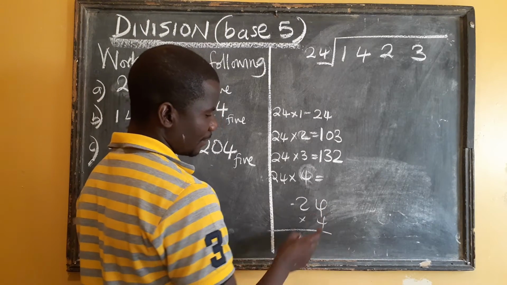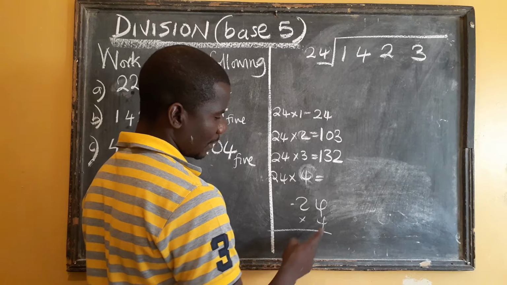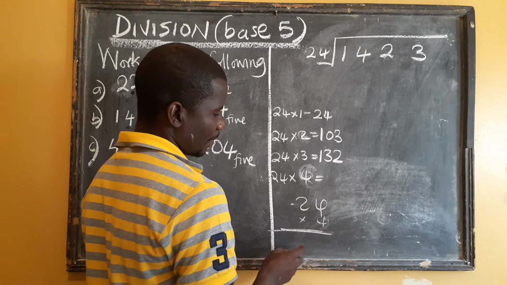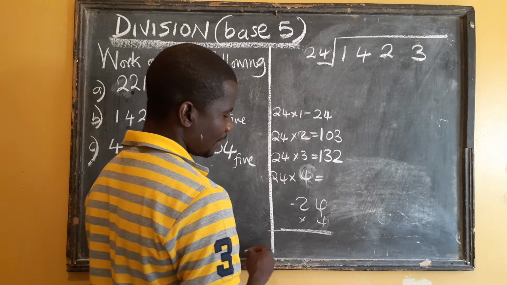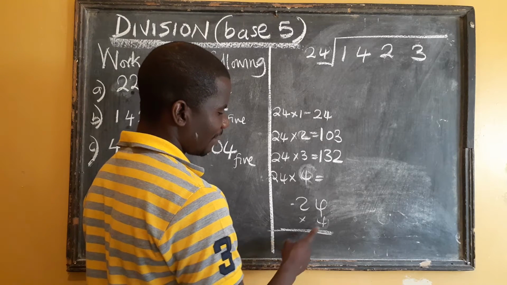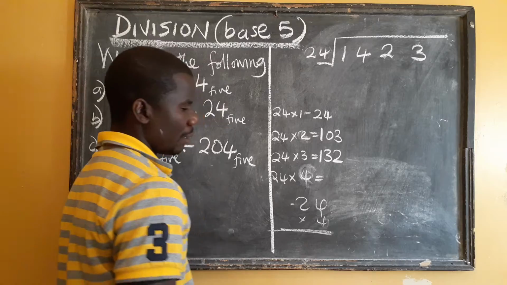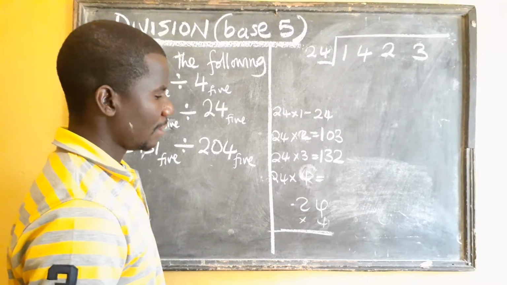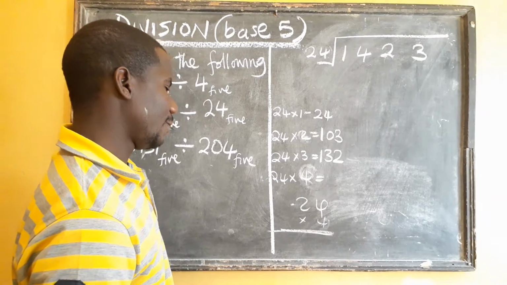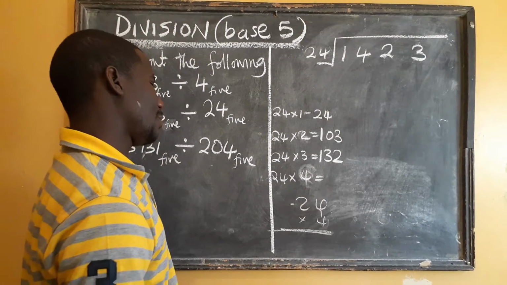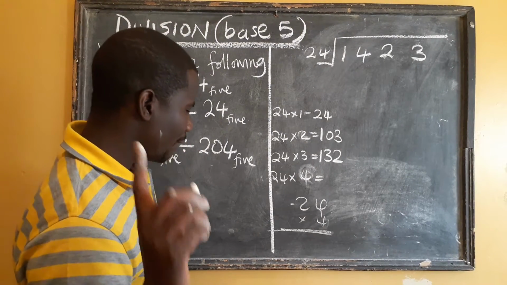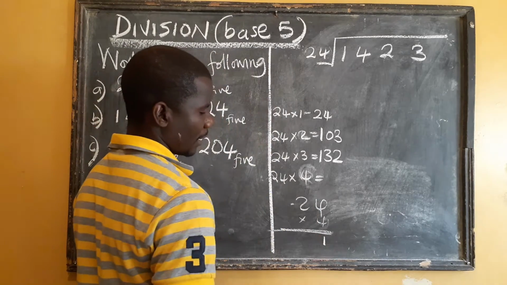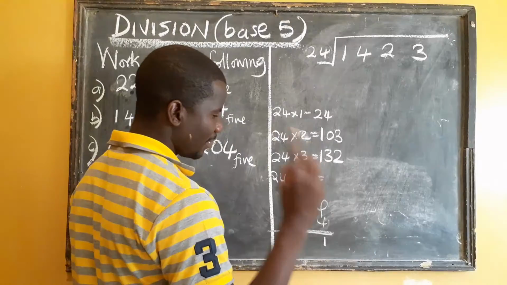What do we get here? This will give us 16. 16 divided by 5, what do we get? We are going to get 3 remainder 1. So we start with 1, and we have a 3.